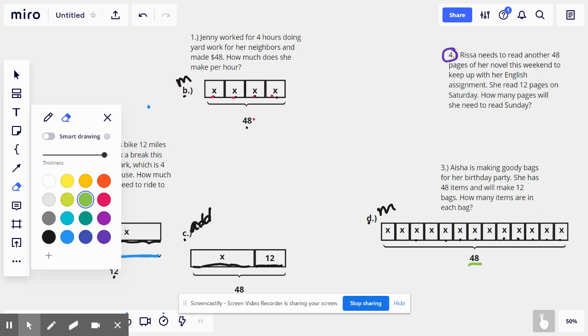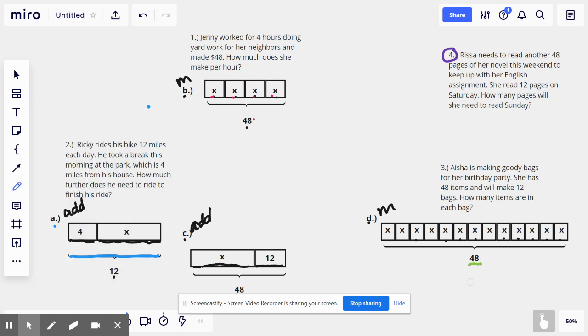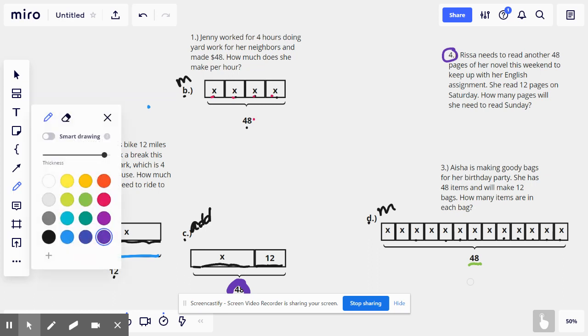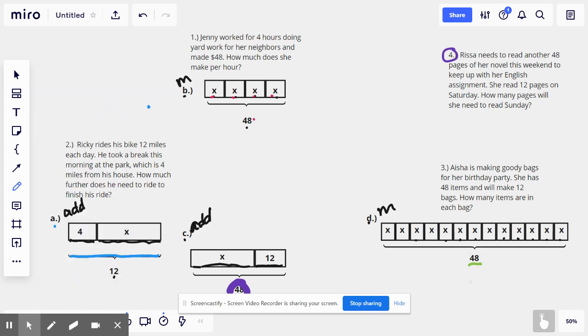Okay, last problem. We only have one problem left, so I'm hoping that 4 is going to match up with C, but let's make sure. Rissa needs to read another 48 pages of her novel this weekend to keep up with her English assignment. So the total that we're looking for is 48, and that works because our total down here is 48. She has read 12 pages on Saturday. She's already read 12 pages.